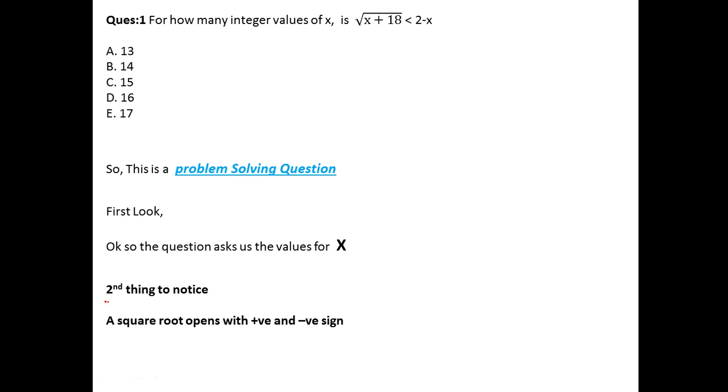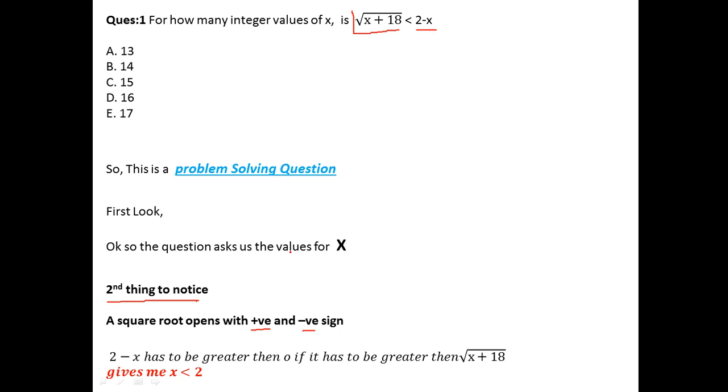Now look at the second thing, right? A square root is positive. And here 2 minus x is greater than this square root quantity. Therefore, 2 minus x has to be greater than 0, right?